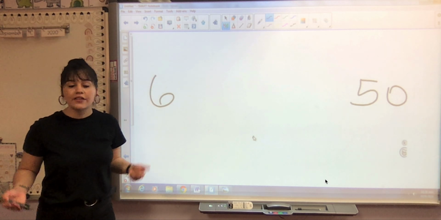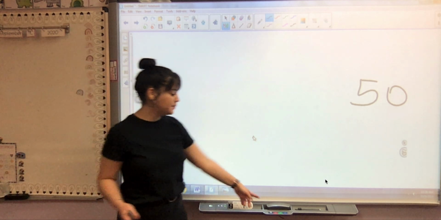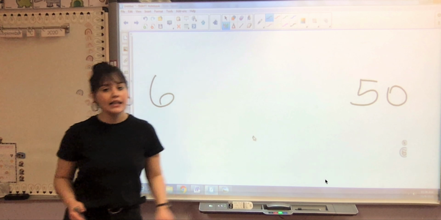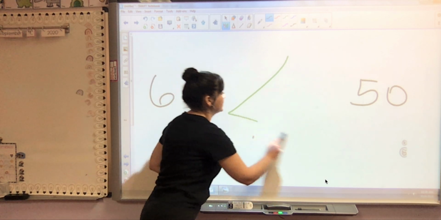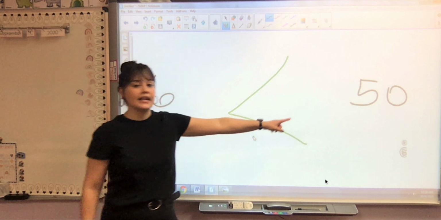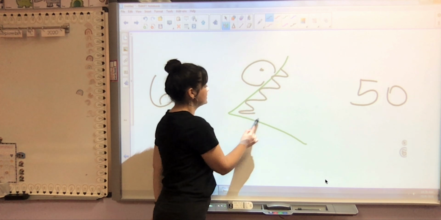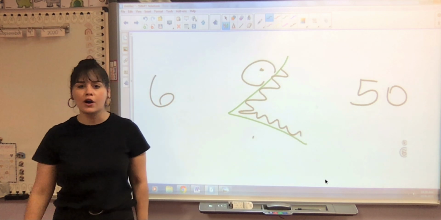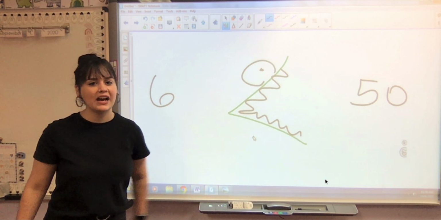In order to figure that out, we need to think which number is greater, which number is bigger. Because my alligator will always want to eat the greatest amount of fish, which in this case is the 50. So my alligator over here wants to eat the 50 fish, or the 50 cakes, or the 50 cars, or the 50 houses.